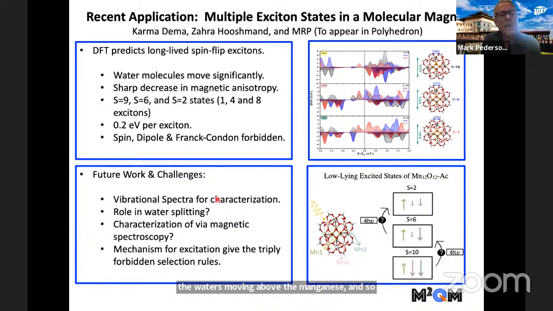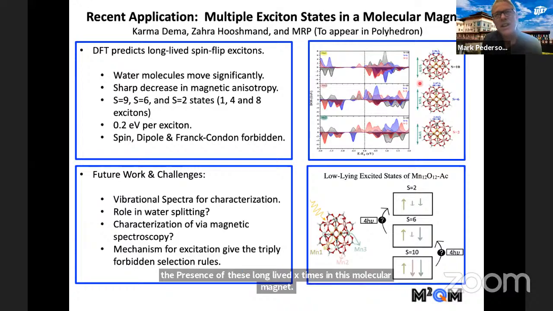And so we're working with Jan Musfeld, an experimentalist, to use vibrational characterization, such as we heard from last talk, to see if we can actually confirm the presence of these long-lived excitons in this molecular magnet.